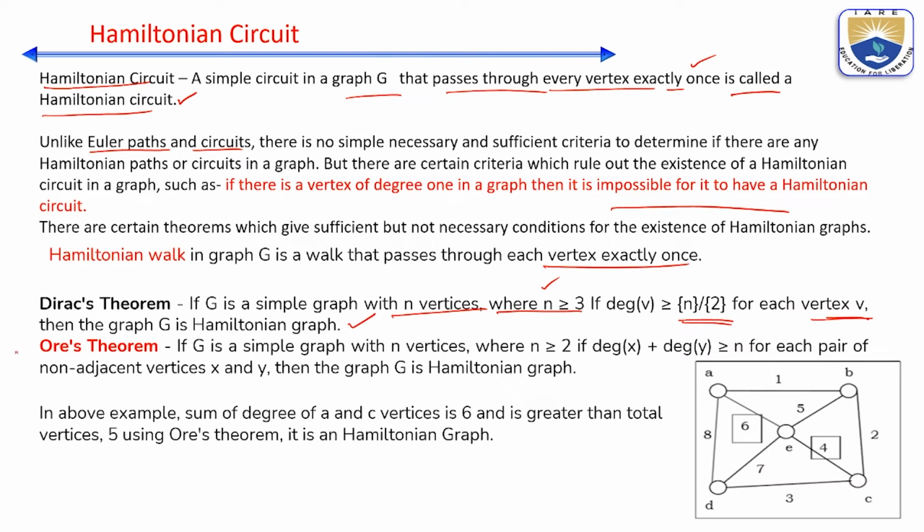And another one is Ore's theorem. If it is a simple graph with n vertices, n greater than or equal to 2, and if x and y are non-adjacent vertices, then the sum of the degrees of x and y is greater than or equal to n, which is the number of vertices.